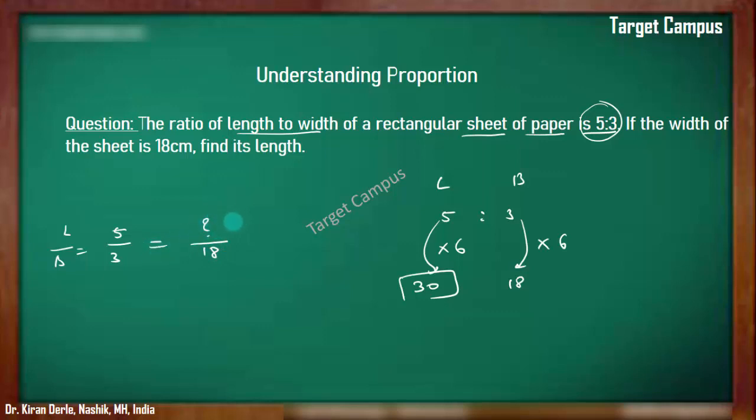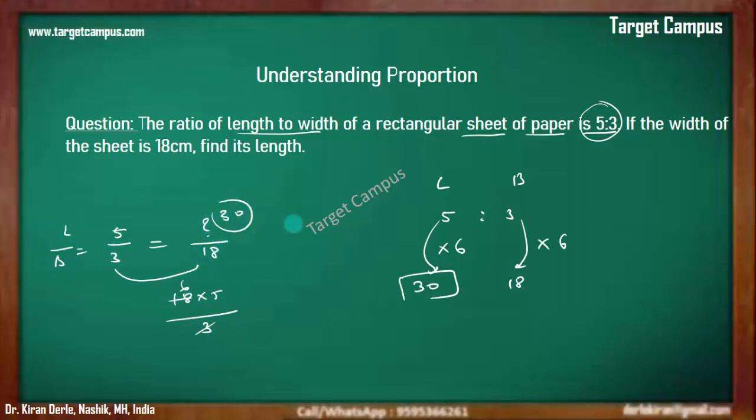So 18 into 5 by 3, so 6, and this becomes 30, right? This is what proportion is, but this question could have been solved using simple ratios. So these 3 parts are equivalent to 18, right? This part has got multiplied by 6, so this part will also get multiplied by 6, to get the corresponding values.